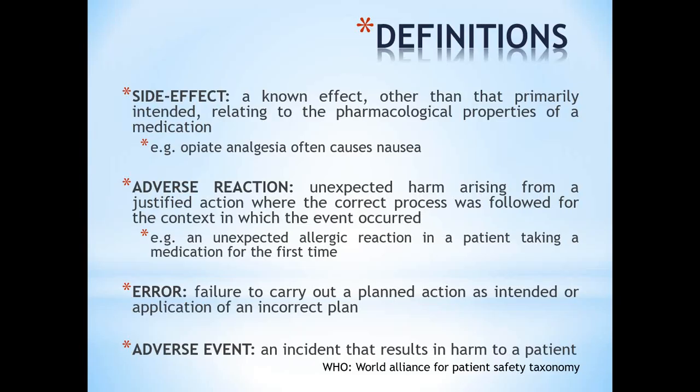On the other hand, the adverse reactions are the unexpected harm arising from a justified action where the correct process was followed for the context in which the event occurred.